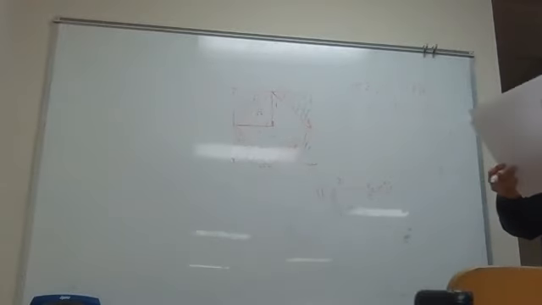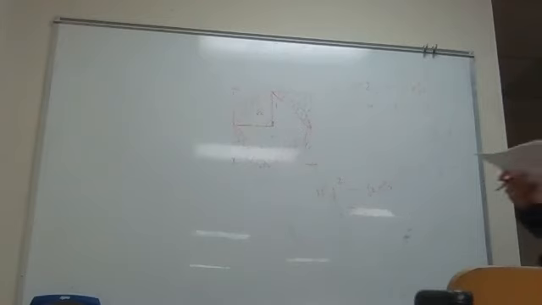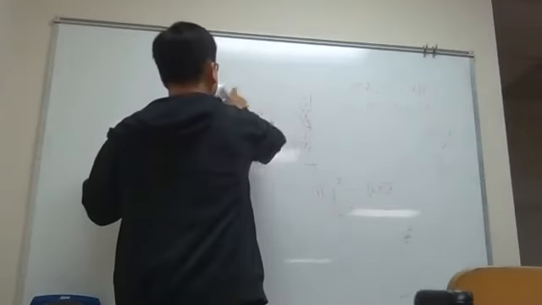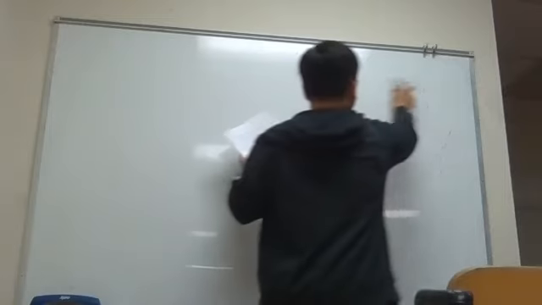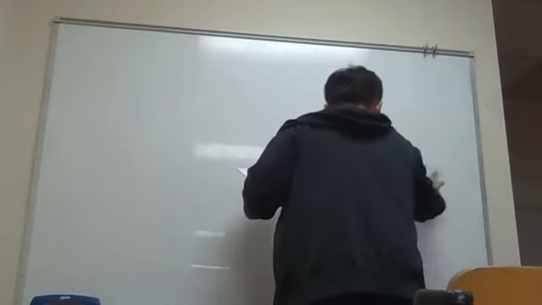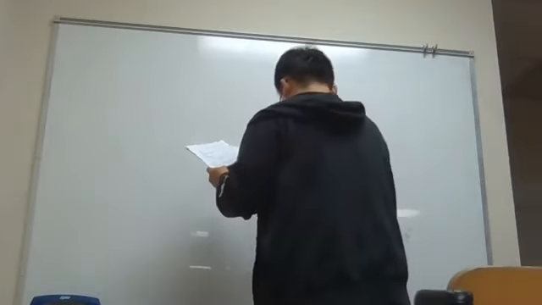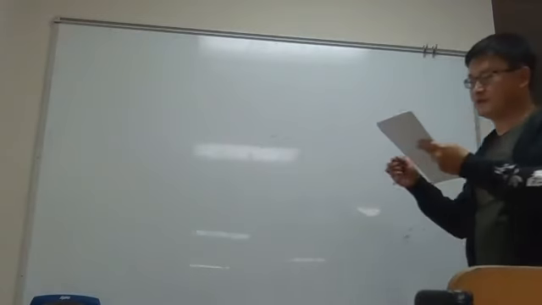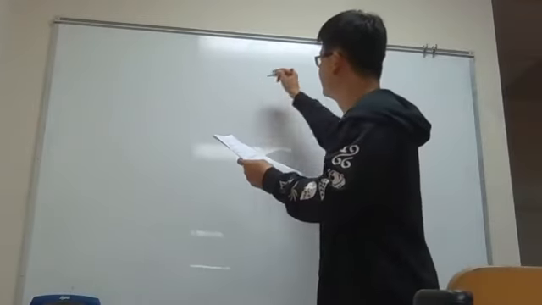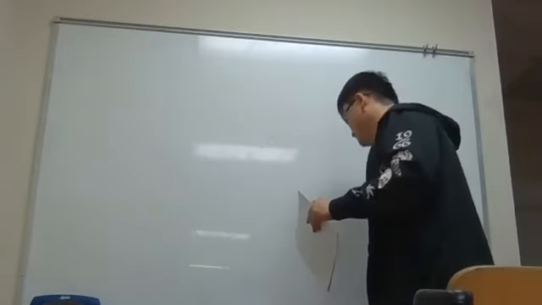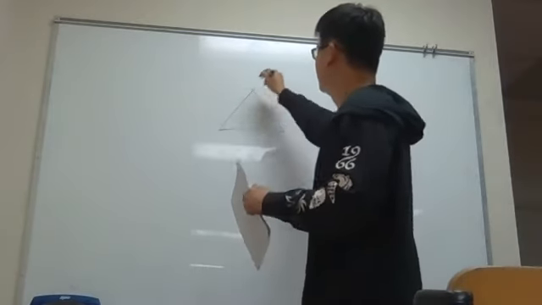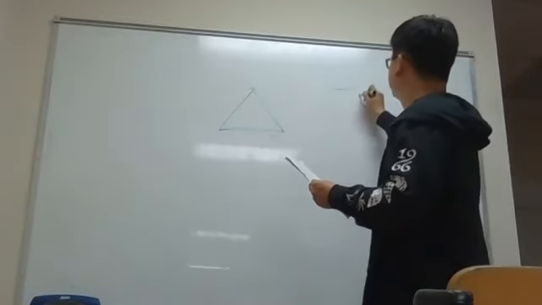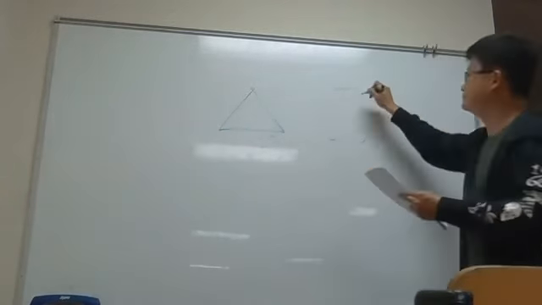Okay, so let's look at the next page. Okay, so we have an equilateral triangle and a regular hexagon that have equal perimeters.